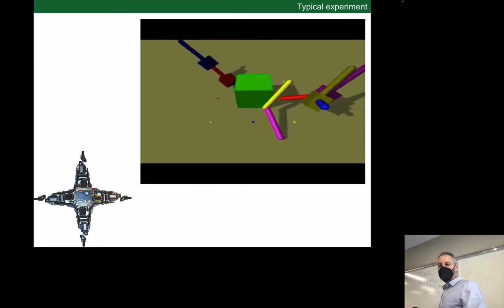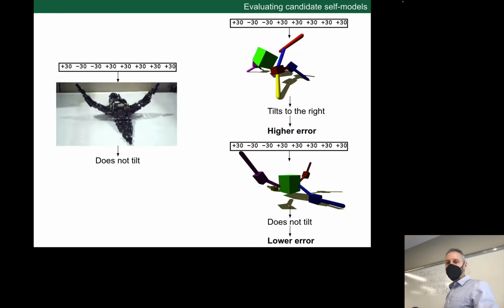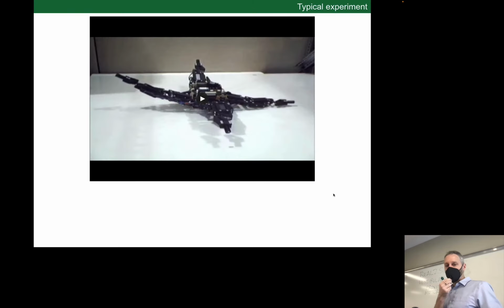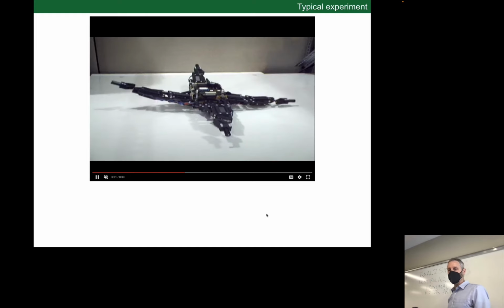So at this point, the robot at least knows that it doesn't have enough real yet to attempt sim to real. So the physical robot performs another action. In this case, it rotates, I forget which motors these were, 3 and 6. And in this case, it rotates about 10 degrees to the left.